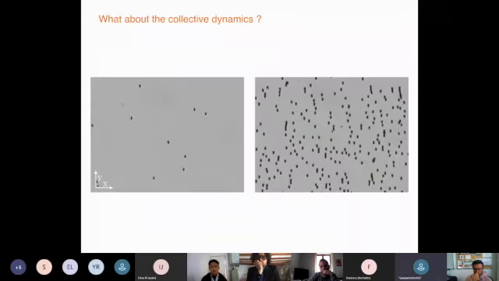So we have seen what's going on with one peanut, with two, but now what's going on if you place a lot of them and look at the collective behavior of this kind of particle. Here is the video with a low density of particles.